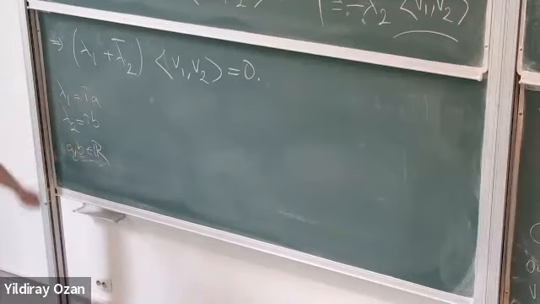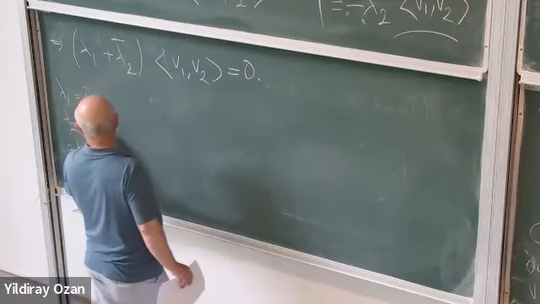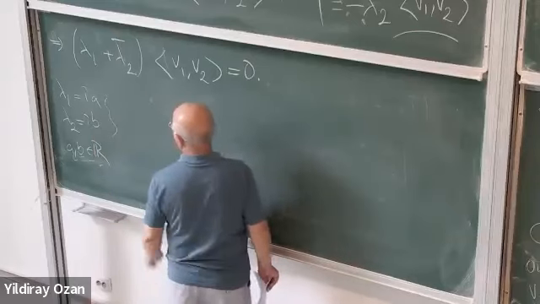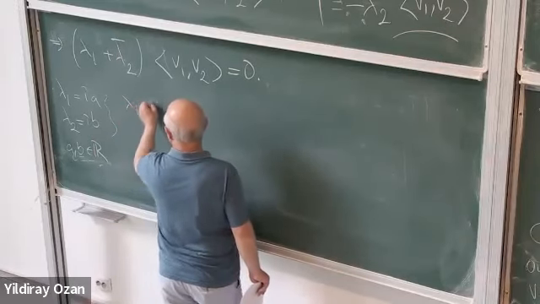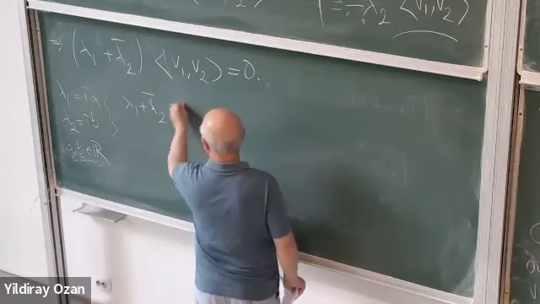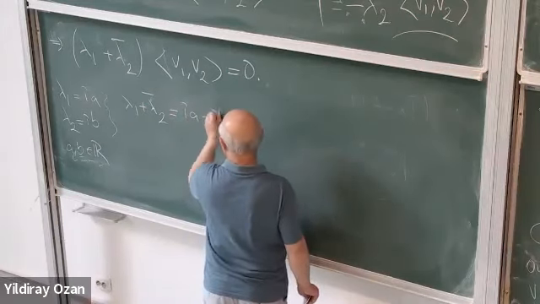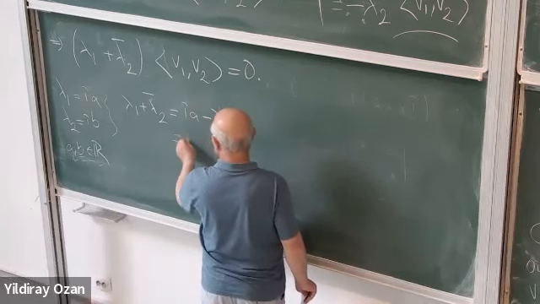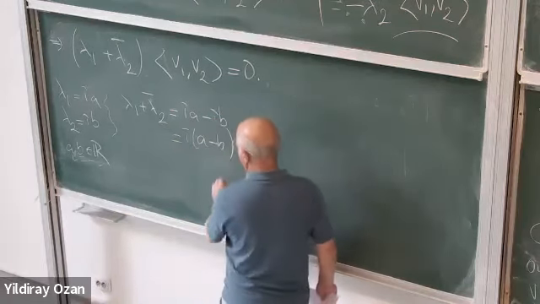Then what is lambda 1 plus lambda 2 bar? It is just i times a minus i times b, so this is just i times (a minus b).